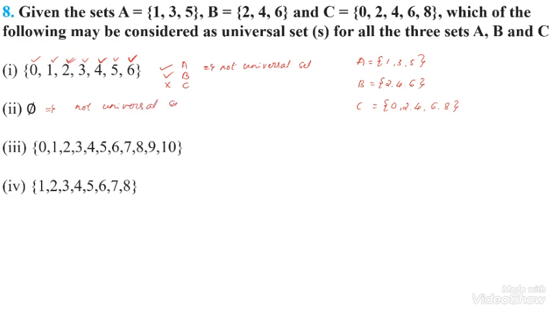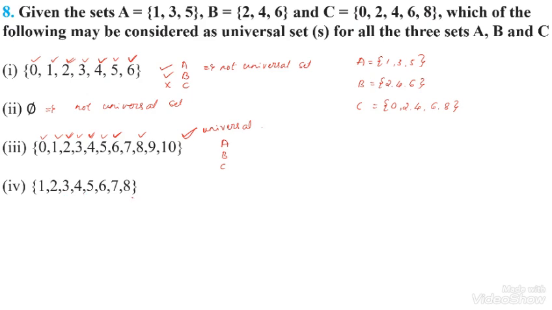Next, I will consider option number 3. I will again check one by one. Here the set containing 1, 3, 5: here also 1, 3, 5 is there. And set 2, 4, 6: yes. For the C set 0, 2, 4, 6, 8: yes. All three sets are satisfied for this set, so this is the universal set of all the sets.